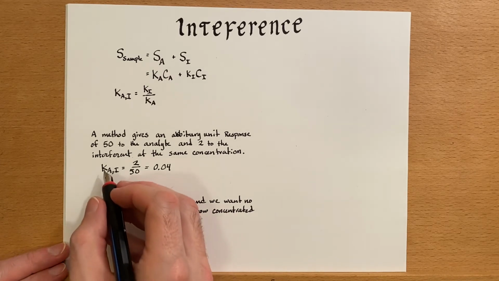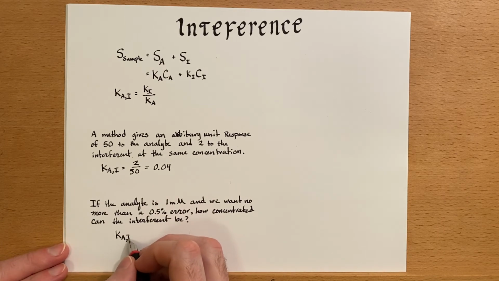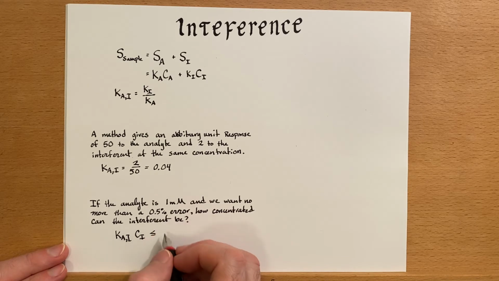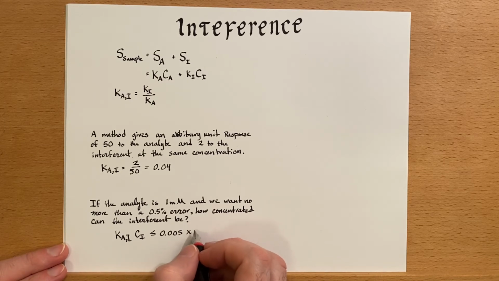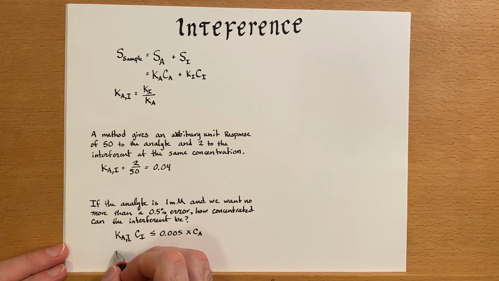We'll use our K_AI, our selectivity coefficient, times the concentration of interferent, and that should be less than or equal to 0.5%, so we'll just convert that to not a percent value, so 0.005, times the concentration of analyte, which in this case is 1 millimolar. So we'll substitute those in. And we'll substitute in our selectivity coefficient.